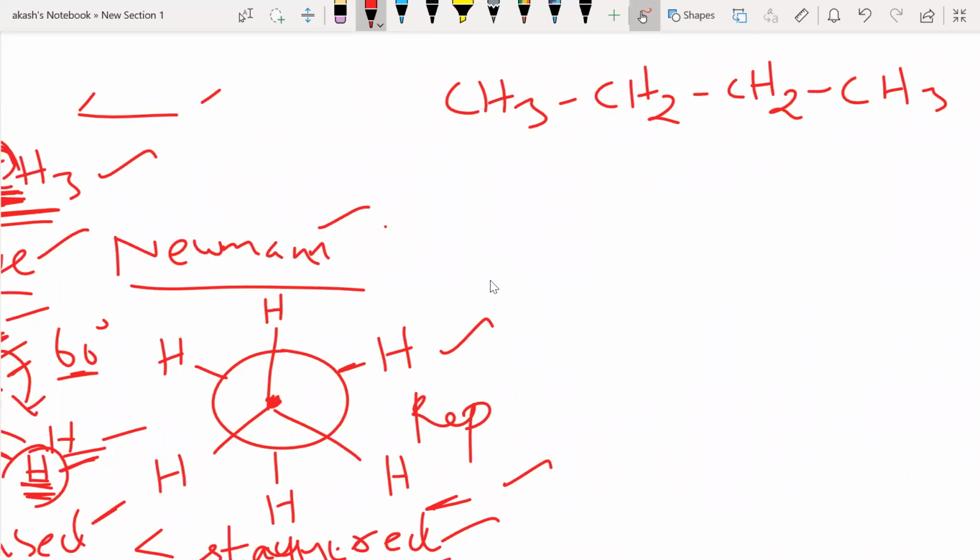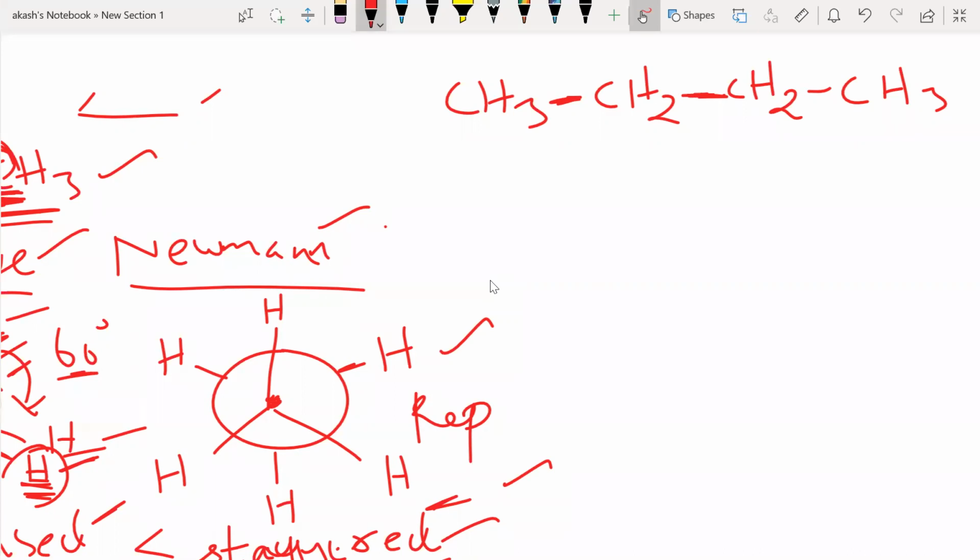If we take the first bond, it is going to be similar to the previous case, because there are three hydrogen atoms, two hydrogen atoms and one carbon atom. But a better way to understand conformational isomerism is to look at the second bond. So we'll see what happens there, and we'll represent it the same way.